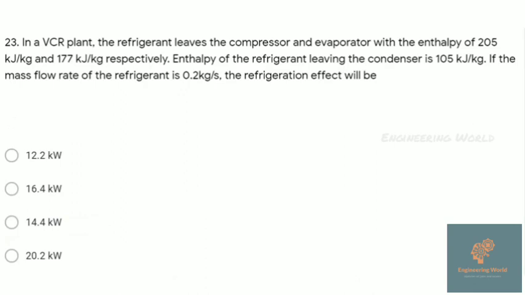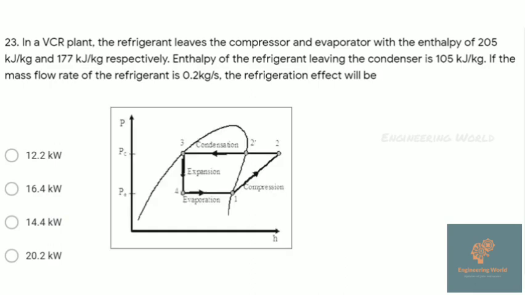Then in a VCR plant, the refrigerant leaves the compressor and evaporator with an enthalpy of 205 kJ per kg and 177 kJ per kg respectively. Enthalpy of refrigerant leaving the condenser is 105 kJ per kg. If the mass flow rate of refrigerant is 0.2, the refrigerating effect will be.